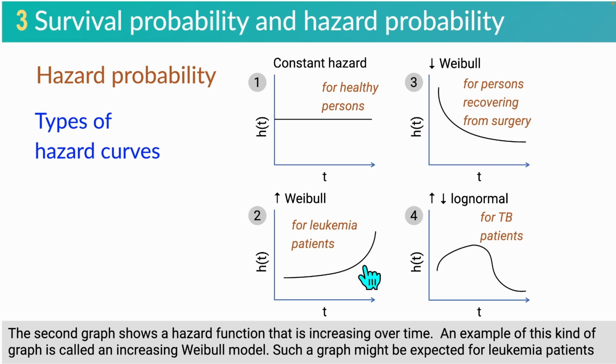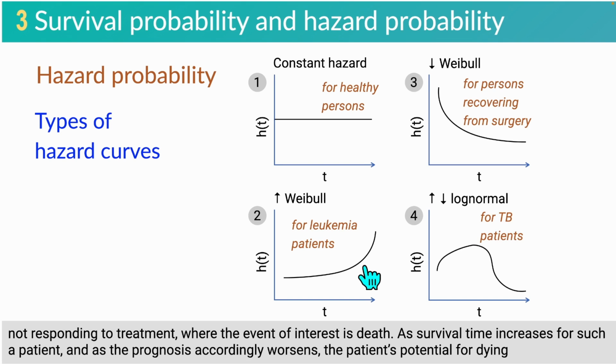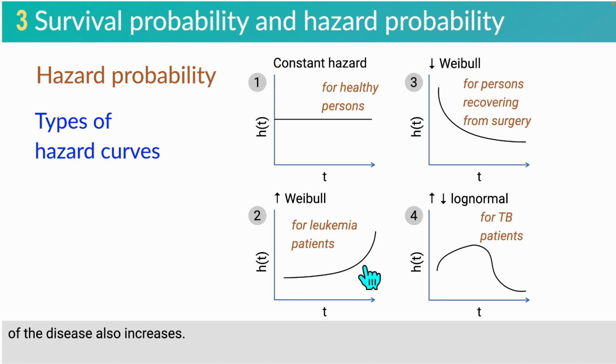An example of this kind of graph is called an increasing Weibull model. Such a graph might be expected for leukemia patients not responding to treatment, where the event of interest is death. As survival time increases for such a patient, and as the prognosis accordingly worsens, the patient's potential for dying of the disease also increases.